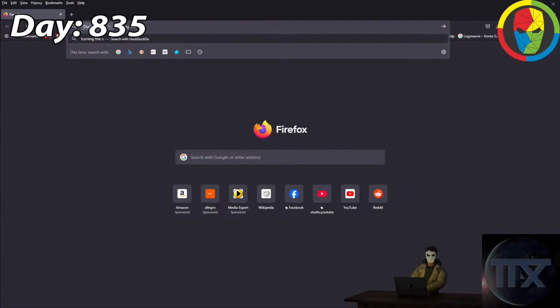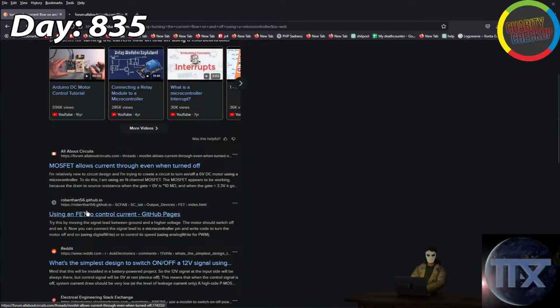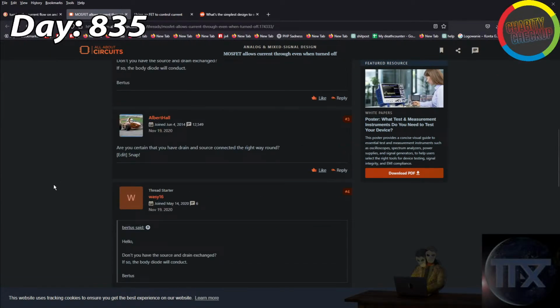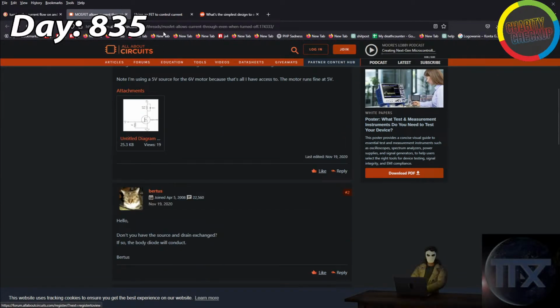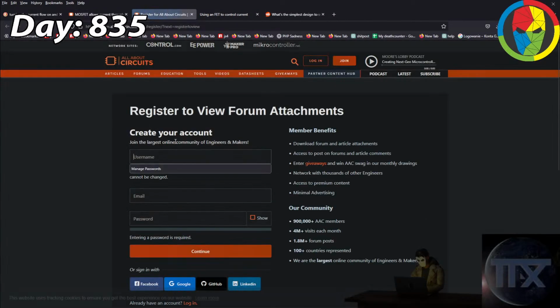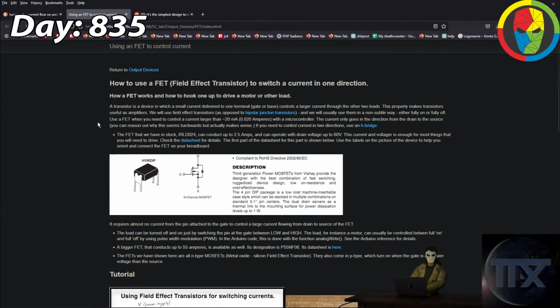Let me actually look this up. Turning the current flow on and off using a microcontroller. Okay, they're 3.2 cents each. I'm curious to see what people are using.